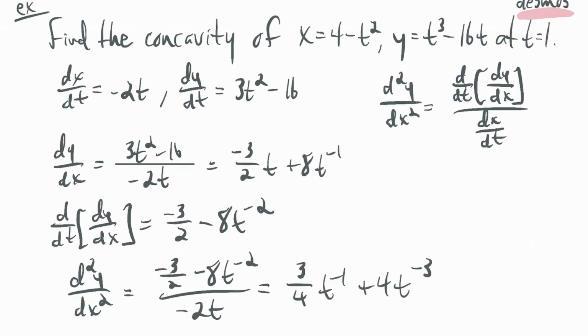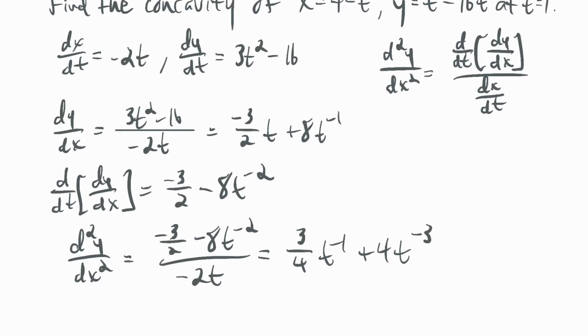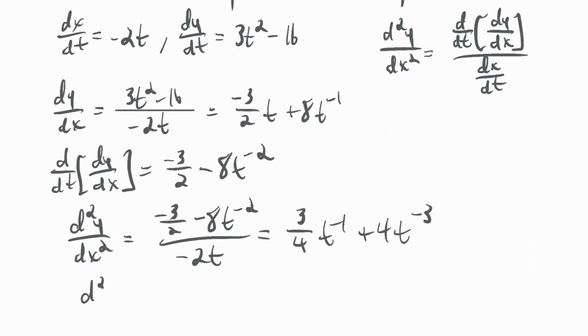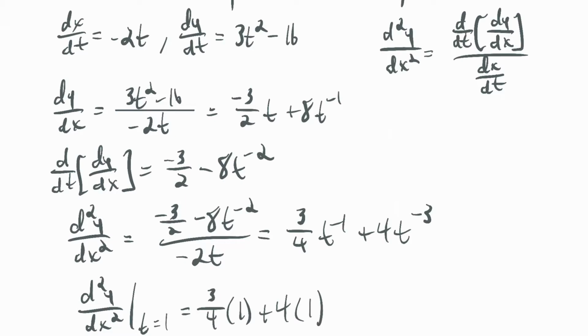And I want to find the concavity at t equals 1, so I'll plug 1 in. d squared y over dx squared, evaluated at t equals 1. This will be, well, 3/4 times 1, right? Plus 4 times 1, which is positive. So we get concave up, right? So let's go check this in the graph.